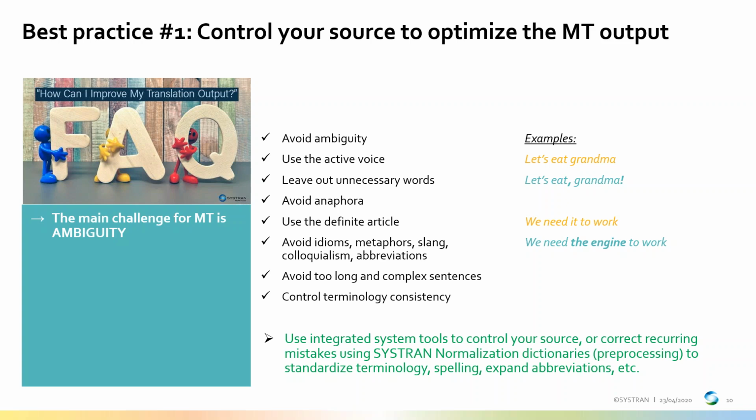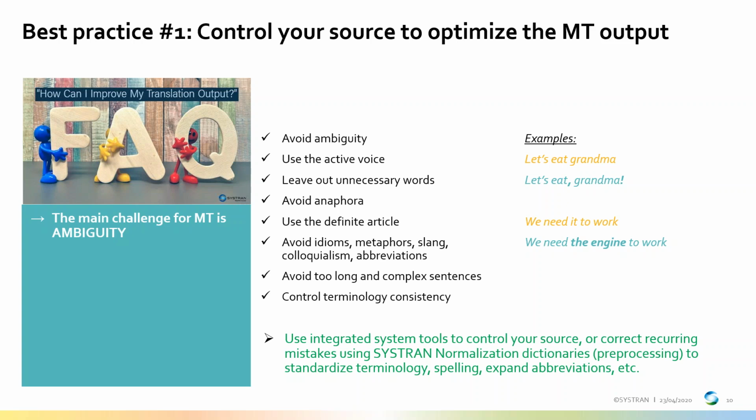Instructions and user manuals often omit the definite article. We should also avoid, as much as possible, idioms, metaphors, slang, colloquialisms, and abbreviations. The machine translation system may not convey the correct meaning of colloquial or idiomatic phrases, and the meaning may not make sense to international users anyway.